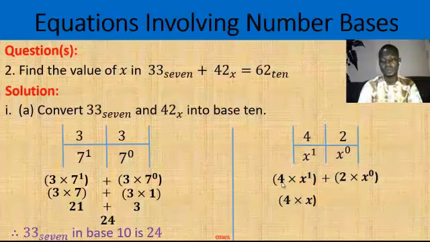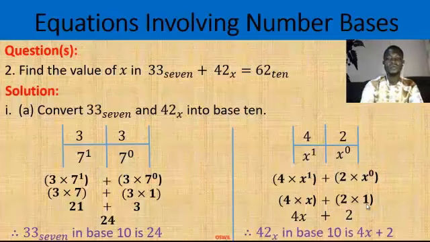Then we have 4 times x to the power 1 is x, so 4 times x plus 2 times 1, because x to the power 0 is 1. Then we have 4 times x is 4x, and 2 times 1 will give us 2.